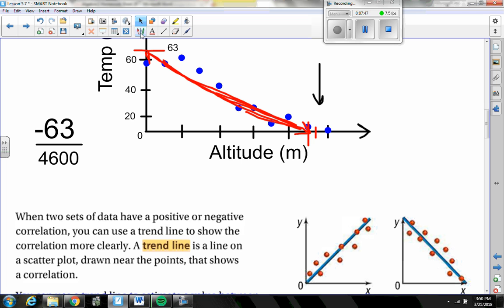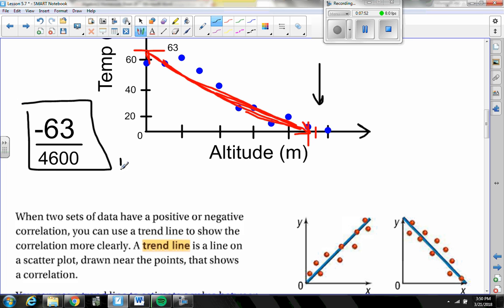So this slope right here, because it's negative, shows me that this is a negative correlation, right? And I should be able to see that my y-intercept value, where I'm crossing the y-axis up here, is at this 63 value. So now it feels like I can write an equation for this trend line, because I know the slope and I know my y-intercept.